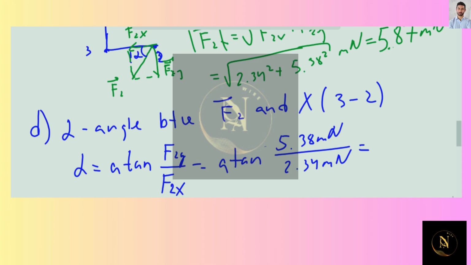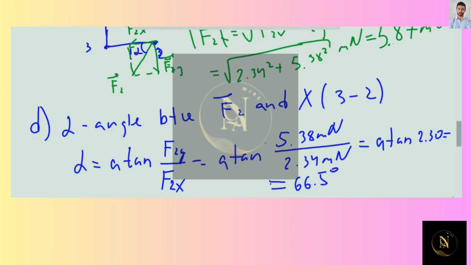Now let's complete this calculation. So it roughly equals the arctangent of 2.30, which equals 66.5 degrees.